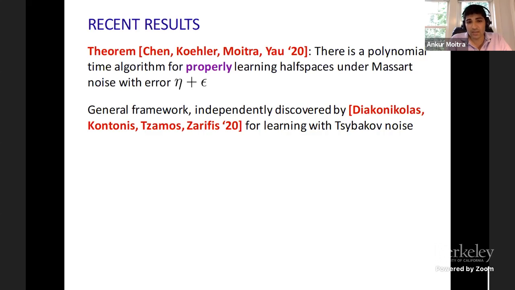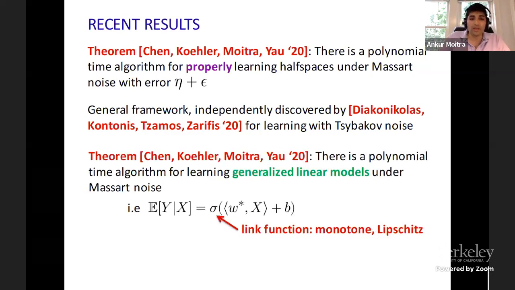I should mention that this framework was independently discovered by Diakonikolas, Kontonis, Tzamos, and Zarifis in a paper which handled distribution-dependent learning under Sibson noise, which I won't get into.